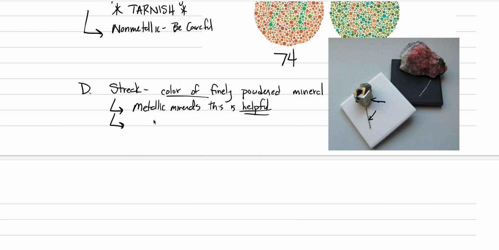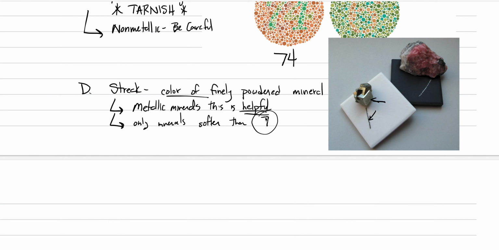However, in non-metallic minerals, the powder tends to just be white, and so it can't be used. The other thing I would say is that you can never use streak on something harder than the streak plate. So you can't find the streak of a diamond because it won't break apart into powder on this material. So only minerals softer than 7.